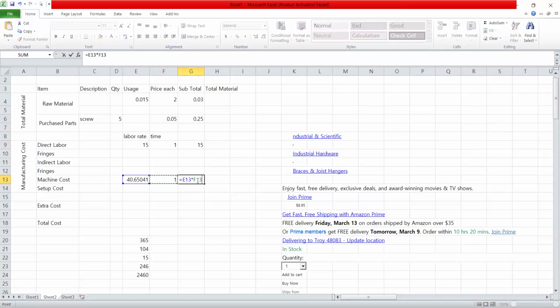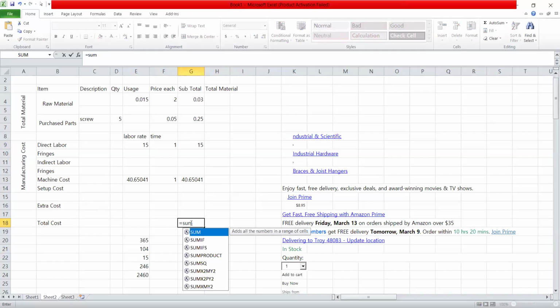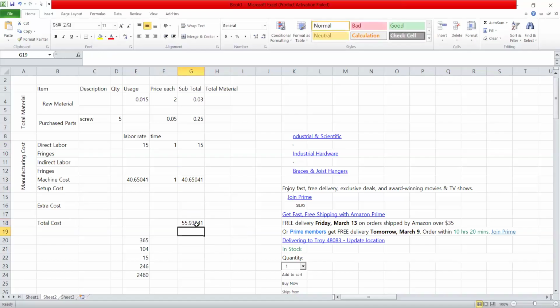So as an example, we will get $40. Forget about the extra cost. If I have to calculate my total amount, that will be the addition of all of these numbers. So my total amount is $55 for this bracket.